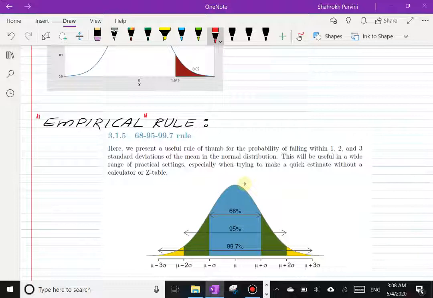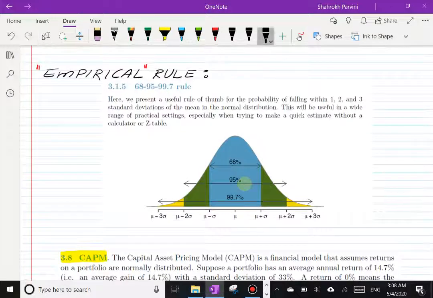about 68% of scores, of the measurements, of the values lie within one standard deviation. Okay, so this is mu plus 1 sigma, and this one is mu minus 1 sigma. In that shaded region lies 68% probability, or 68% of the scores lie in there.